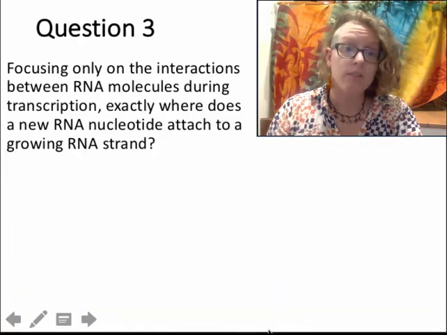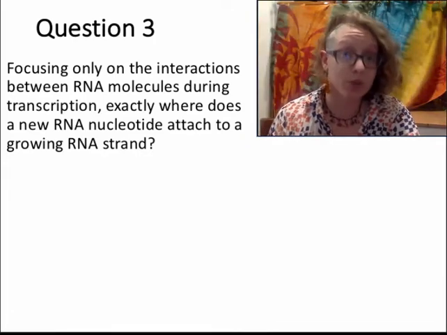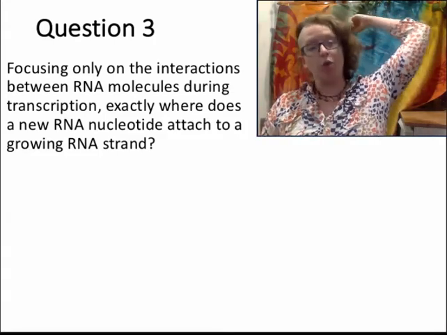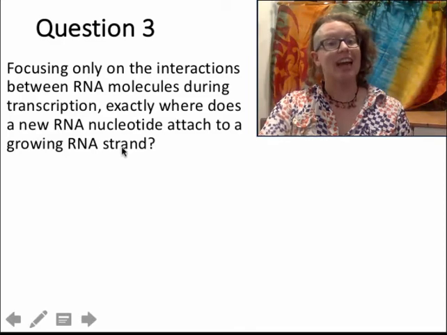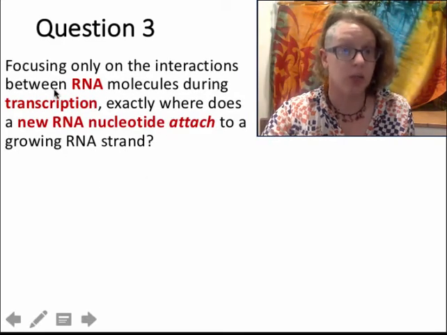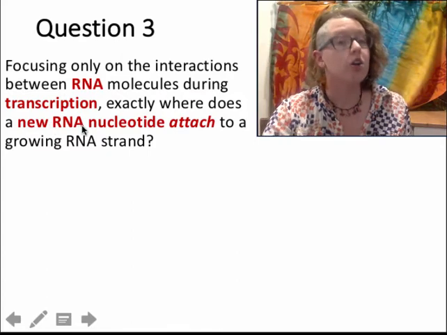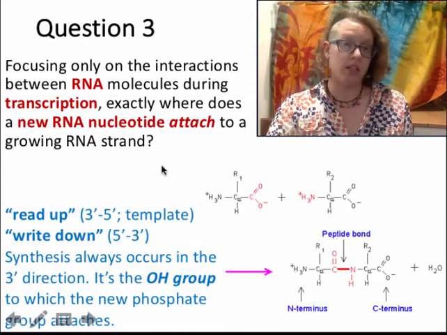Question 3. Focusing on the interactions between RNA molecules during transcription, where does a new RNA nucleotide attach to a growing RNA strand? And it specifically uses the word exactly here. So these are the things that I highlighted. We're talking about RNA transcription, so the making of RNA based on DNA, and we're talking about a new RNA nucleotide attaching to the growing strand.